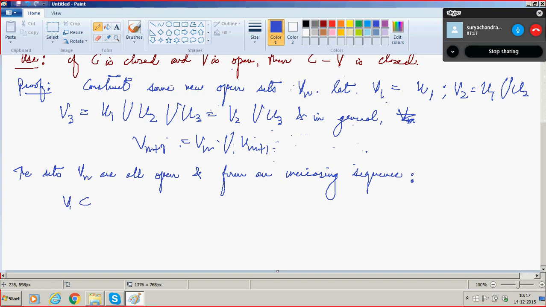V1 is a subset of V2, which is a subset of V3, and so on and so forth.